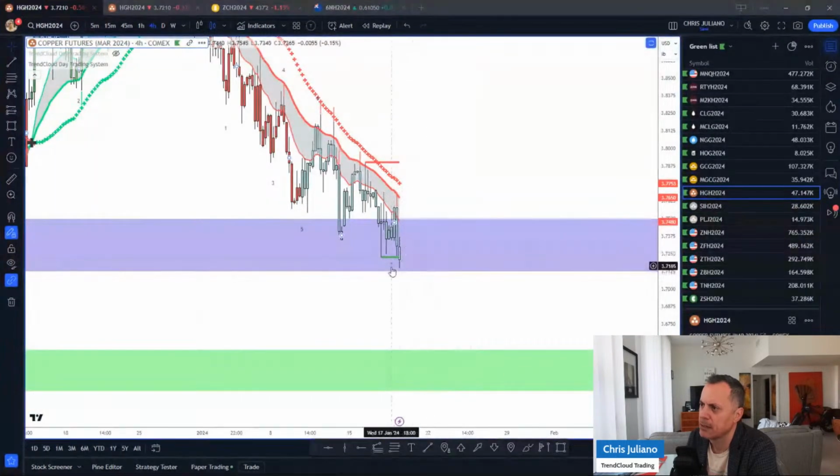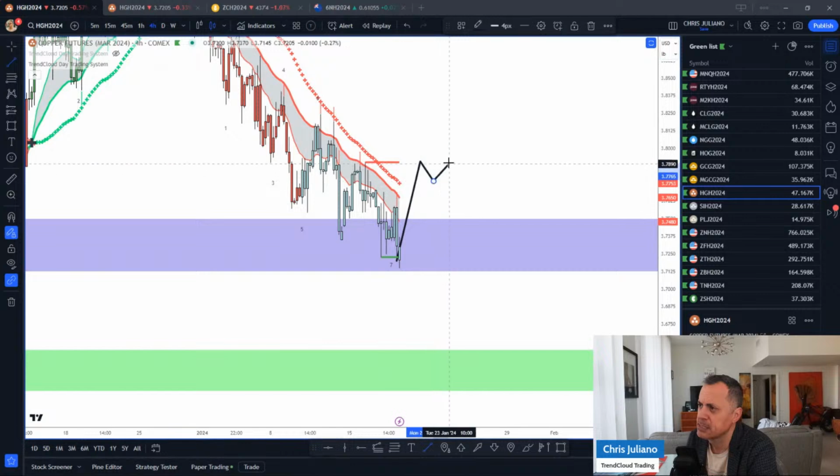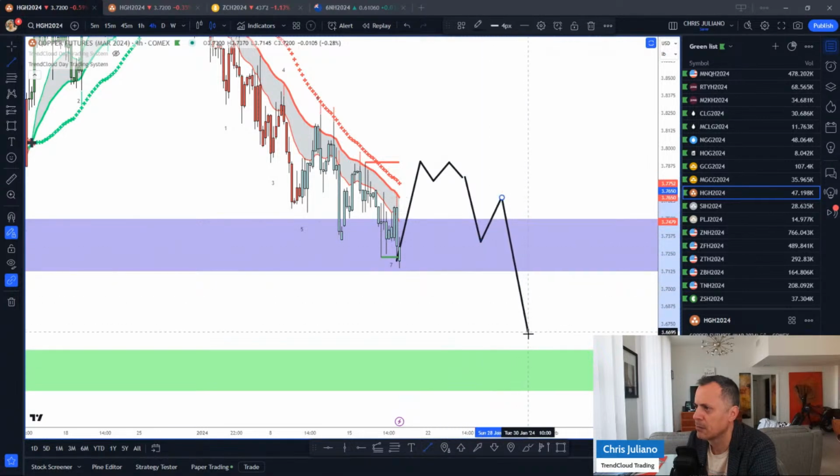Perhaps we get a break above structure, right? Recalculates up here, and then starts making the move back down until we get to here, right?